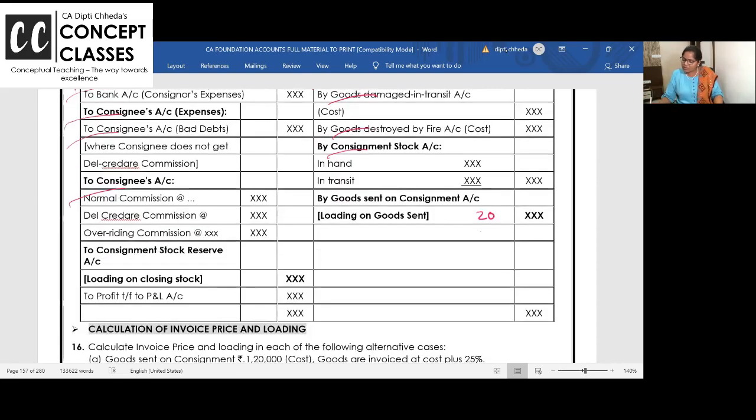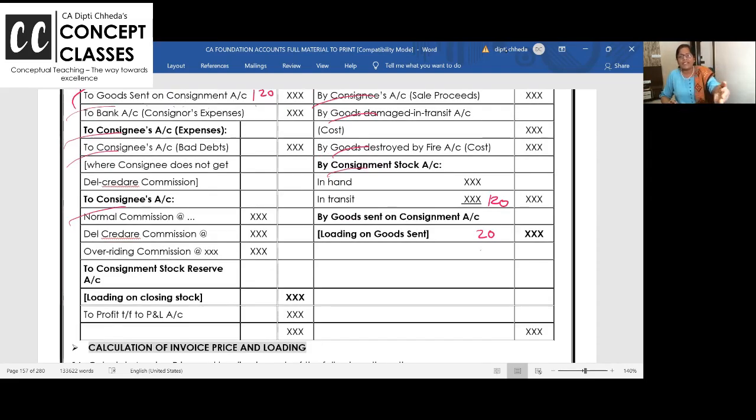And closing stock is also at 120. If I write my own stock, dear student, lying with my consignee at 120, higher the closing stock, higher the GP, higher the NP. I am inflating the profit. So 20 rupees I should reverse the loading. 20 rupees I should reserve, consignment stock reserve.